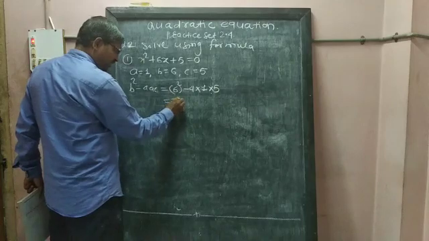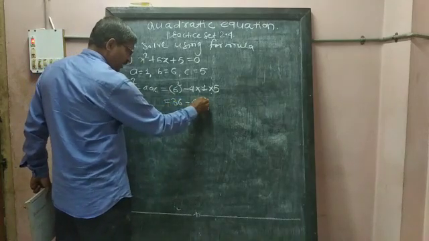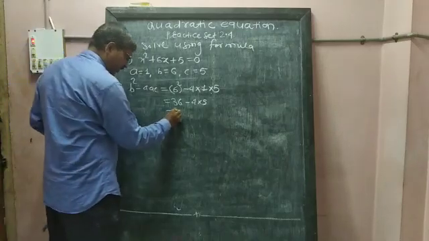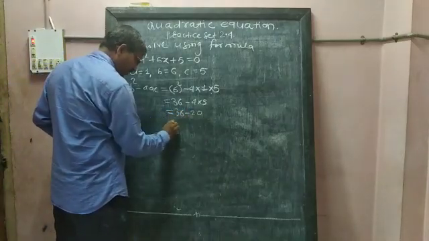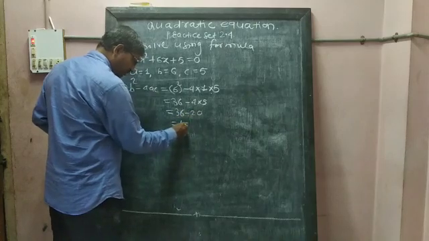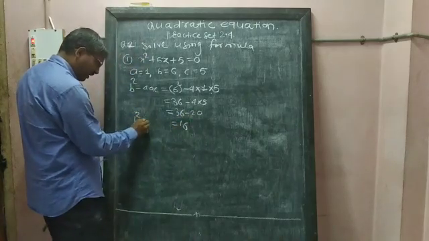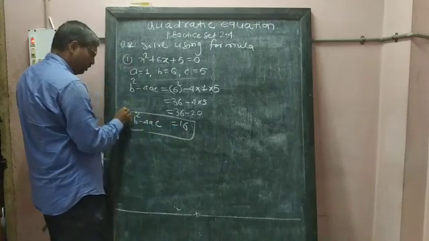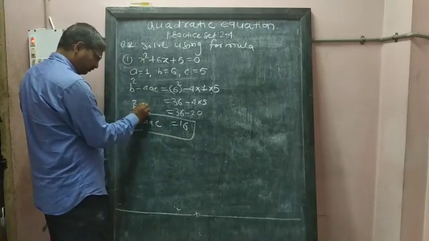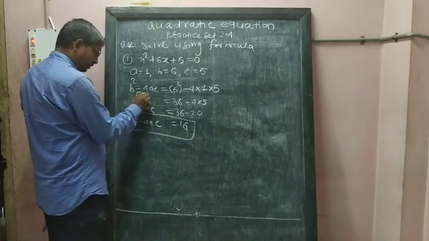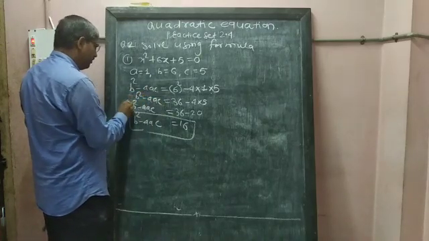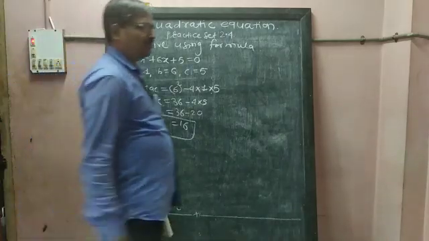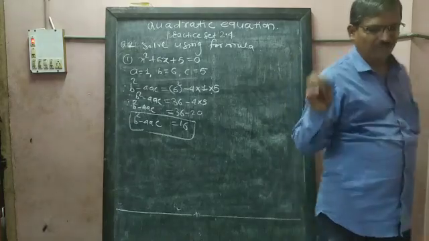Thus 6 square means 36 minus 4 into 5. 4 fives are 20. 36 minus 20 means 16. So b square minus 4ac is equal to 16. No need to write all this for me, but you should write it in the exam, otherwise you can lose half marks. So that's why you should write all this.